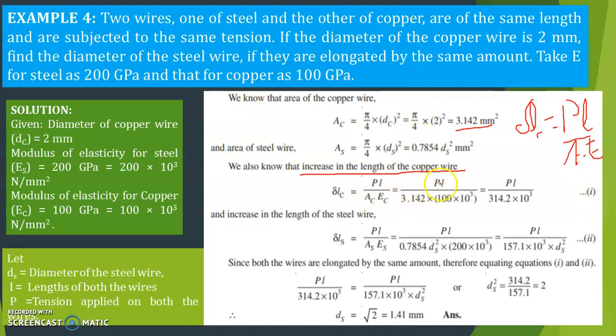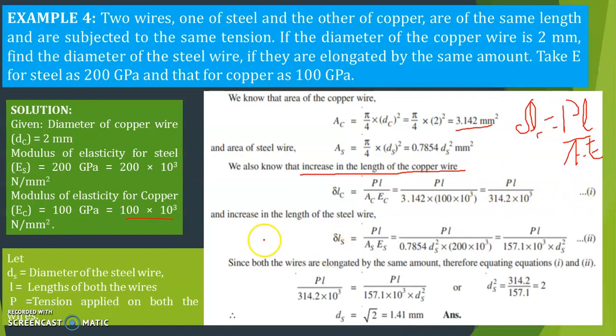Now simplify this: PL let it be like that only. Then AC, the answer we got, 3.142, into E, Young's modulus for copper, that is 100 into 10 raised to 3 Newton per millimeter square. Simplify and let it be equation 1.